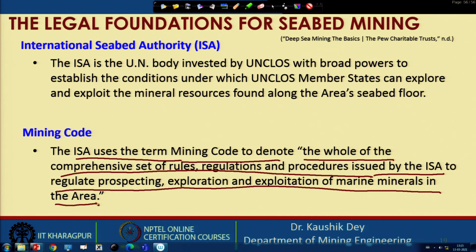So, whatever exclusive economic zone is obtained by each country, in that zone how the mining has to be carried out, all those rules, regulations and procedures for prospecting, exploration and exploitation are governed by the International Seabed Authority.